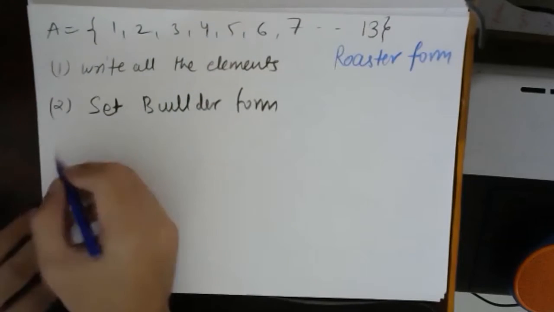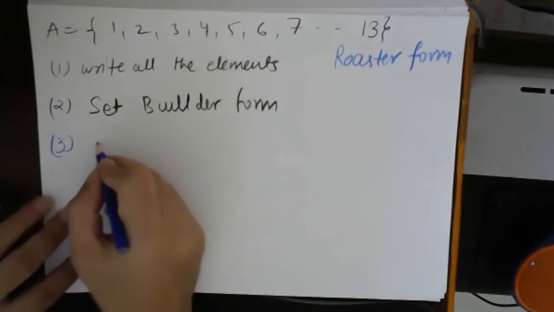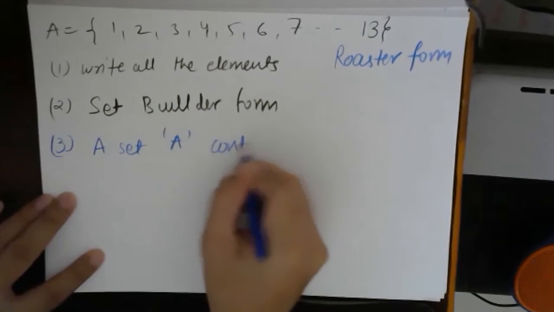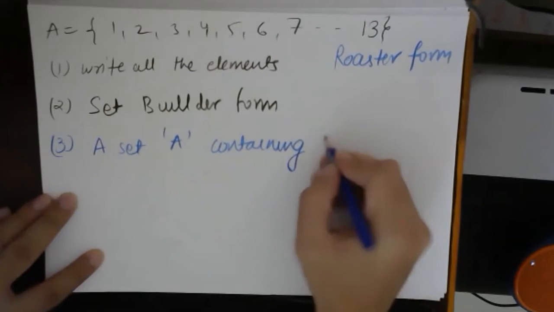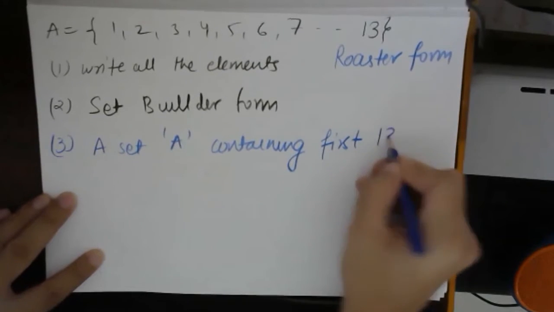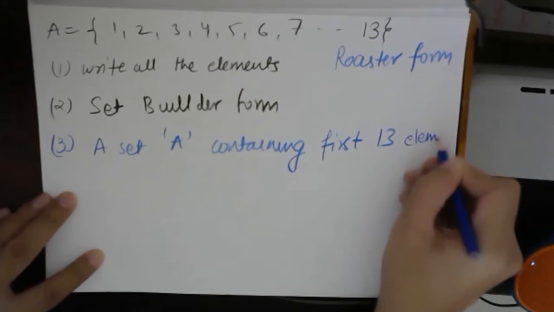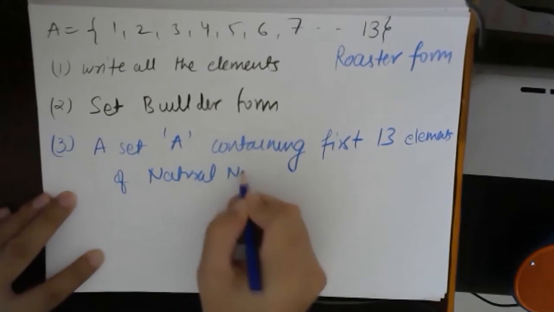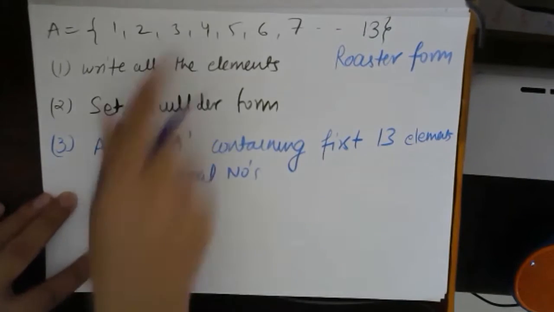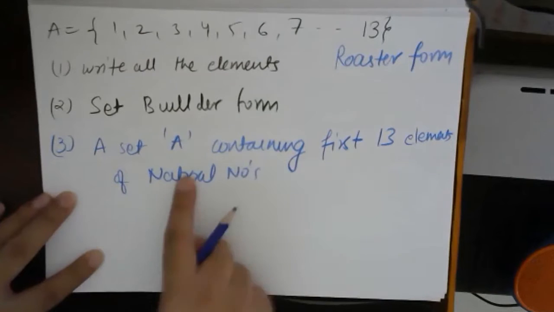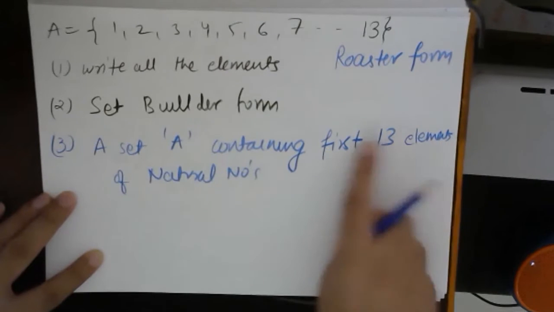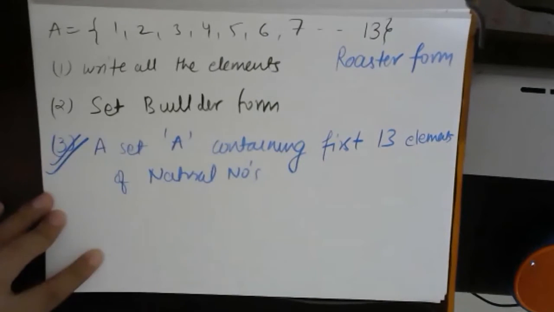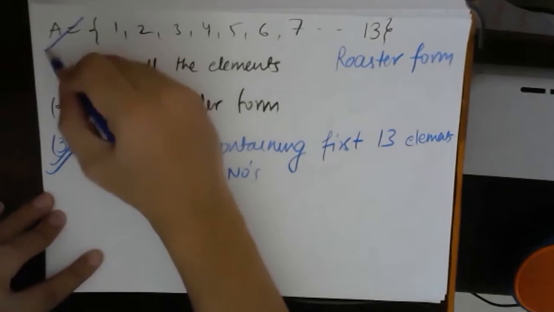The other way of writing is I can simply write a set A containing first 13 elements of natural numbers, or first 13 natural numbers. This is also a form of writing a set.